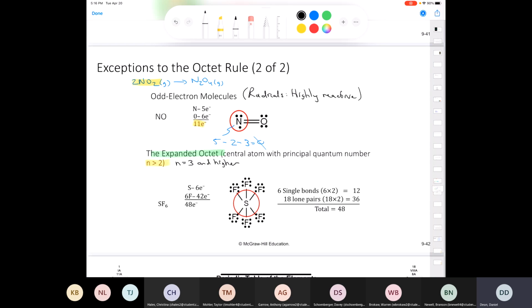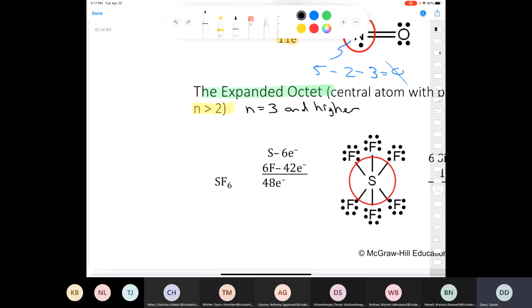Take a look at the example that's shown here. You have sulfur hexafluoride. That's this molecule here, SF6. If we look at the electron configuration of sulfur, we have neon, then 3s2, 3p4. If I write out the 3s orbital, then I have 3p orbitals, because there's 3 types of p orbitals.